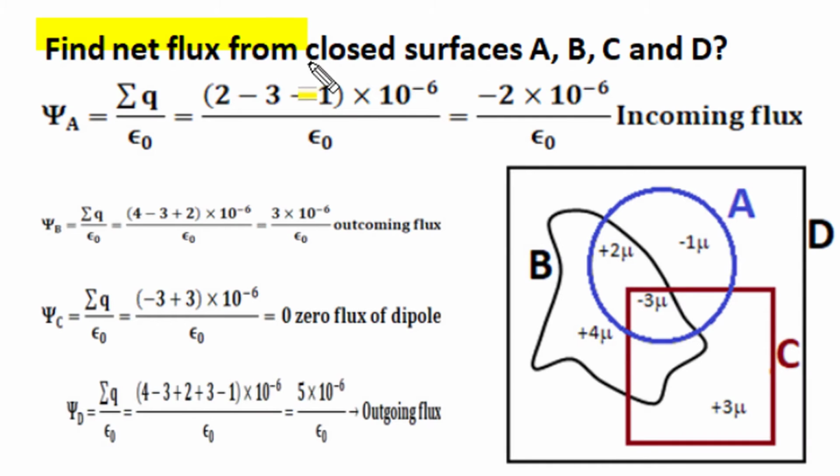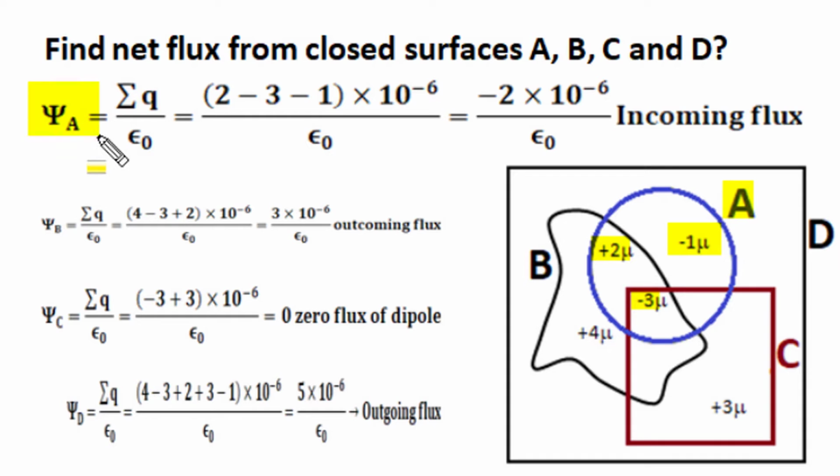We have to find out net flux across these four closed surfaces A, B, C and D using Gauss Law. Let's first consider this blue spherical surface A, which encloses three charges: plus 2 microcoulomb, minus 3 microcoulomb and minus 1 microcoulomb.